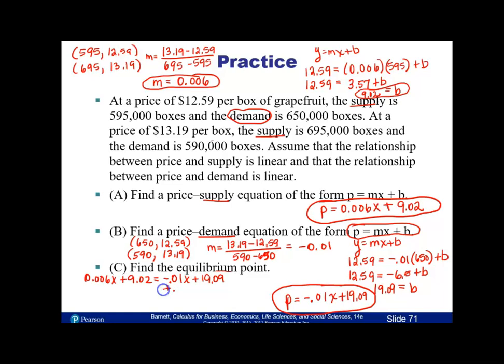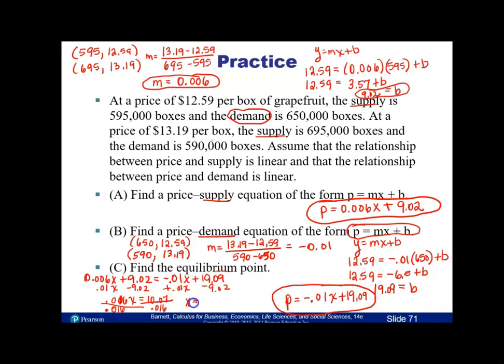All right, so I'm going to add the 0.01 to both sides. I'm going to subtract the 9.02. Okay, so I have 0.016. And then over here, I'm going to have 10.07 divided by 0.016, and that's a decimal, not a negative.